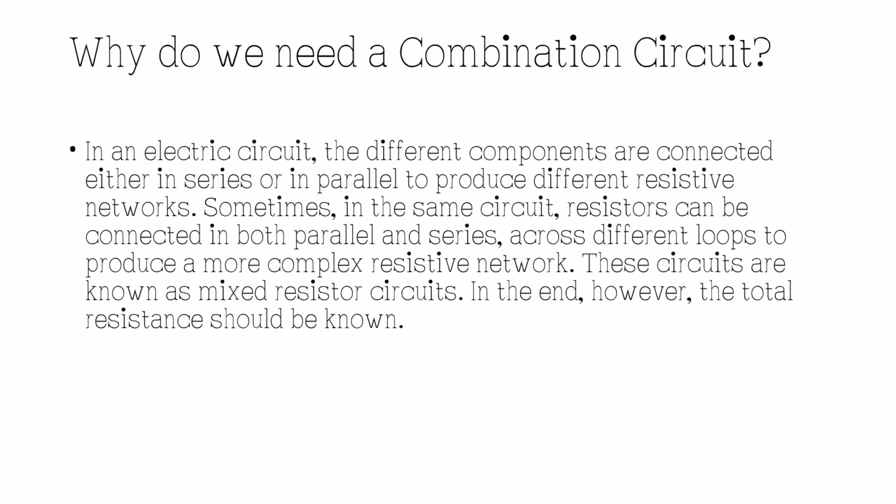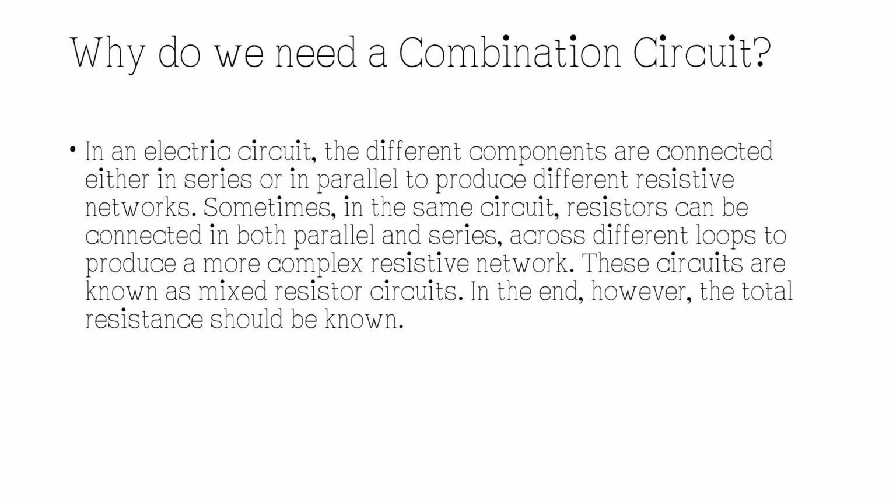So now the question comes, why do we need a combination circuit? In an electrical circuit, the different components are connected either in series or in parallel to produce different resistive networks. Sometimes in the same circuit, resistors can be connected both in parallel and series across different loops to produce a more complex resistive network.